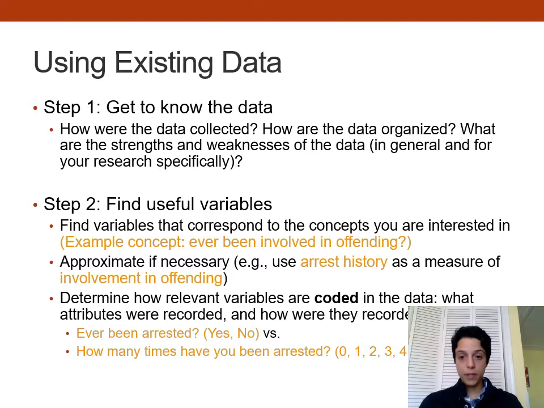So whatever your particular study is about, you have to think about how the variables are coded or recorded into the data, and what that means for what you're doing and what your research purposes are. But the main takeaway here is that you're looking through this data to figure out what variables match the concepts that you're interested in, and then you have to work with however those variables were measured and recorded.